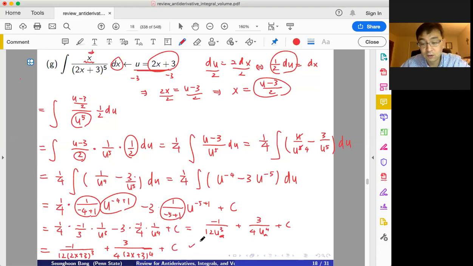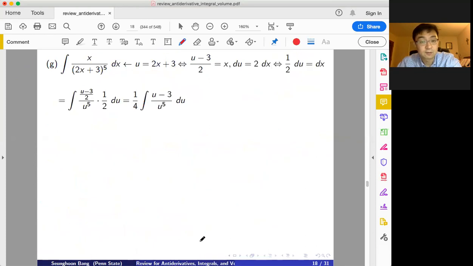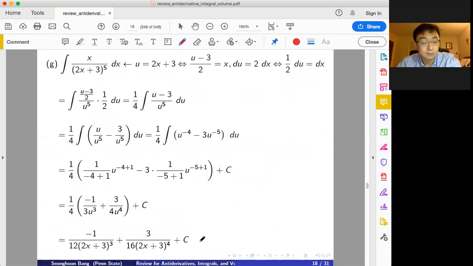This is the final answer. You got it? This is the whole idea for solving this kind of problem.